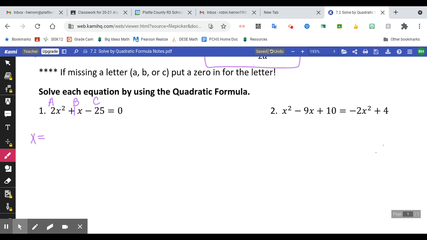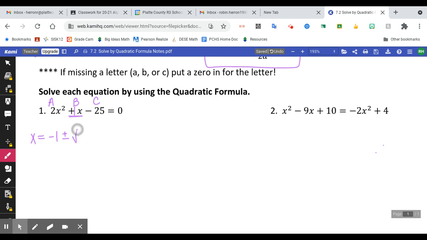So X equals opposite B. Opposite B means whatever this value is, we're going to make it its opposite. So this is a +1, we're going to put -1. Plus or minus means we're actually going to do 2 problems later, one with a positive and one with a negative.